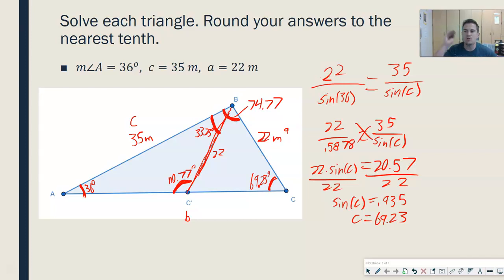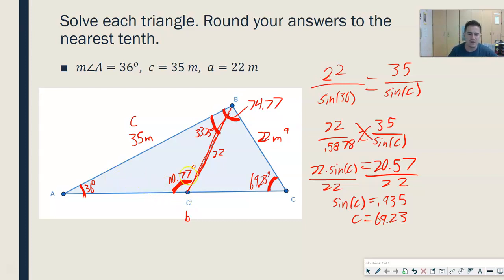So the ambiguous case arises when I have angle, side, side, and when I find this angle by using the law of sines, and find this supplementary angle right here using my knowledge of supplementary angles, and then if that triangle actually exists, if I have three angles here that could add up to 180 degrees, then I have a situation where I have two potential triangles.